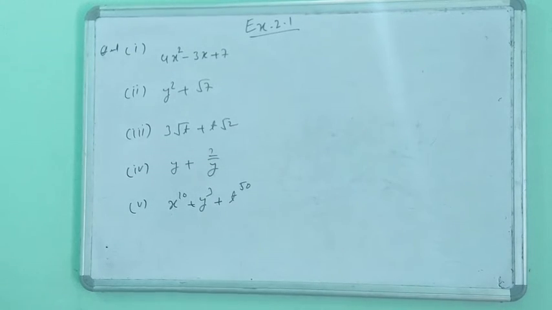Minus 7 is the complete form of the polynomial because the exponent here is in positive form.